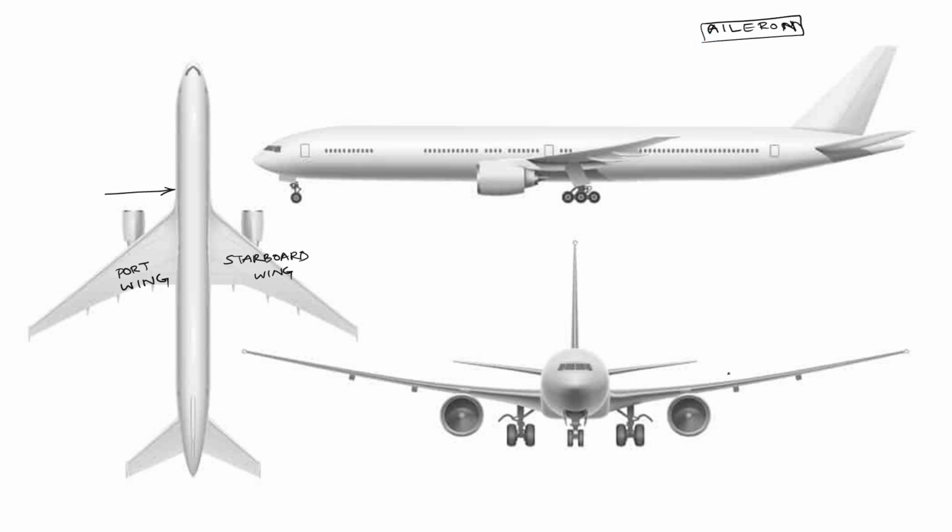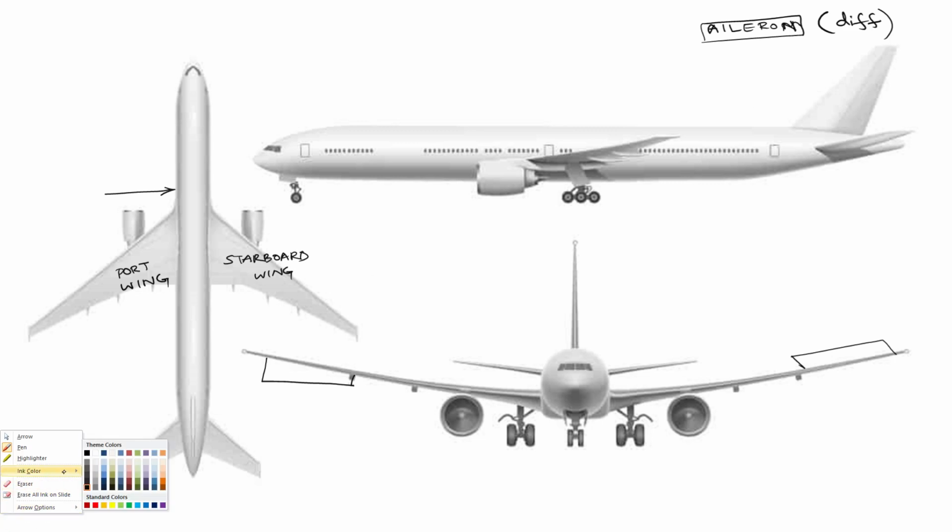It is located on the wing section, one here and one here. Why have I drawn them differently? One looks deflected downwards, one deflected upwards. It's a differential mechanism. What is meant by differential mechanism? If one component is deflected downwards, the other will be deflected upward.